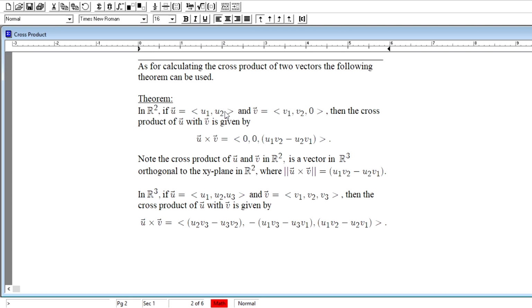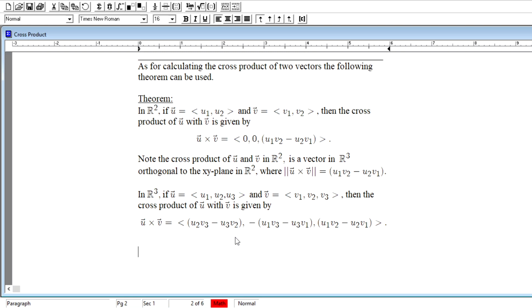So recognize that this description of cross product in two-dimensional space really is just a simplistic case of having a 0 value in the third components of our vectors u and v.